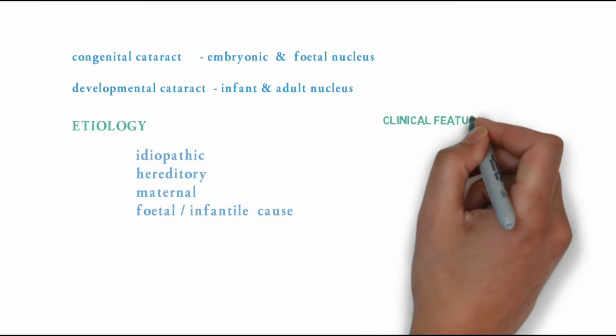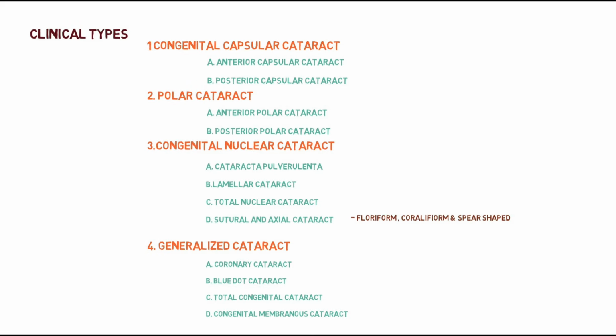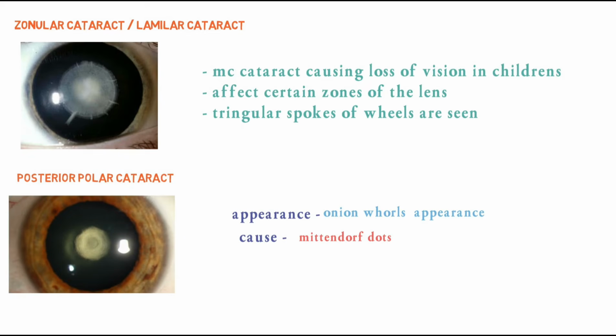In which we discussed the four main types, that is congenital capsular cataract, polar cataract, congenital nuclear cataract, and generalized cataract. And after that, we discussed only the important cataracts that can be asked in your exams, in which we covered zonular cataract, in which there is a spoke-like pattern.